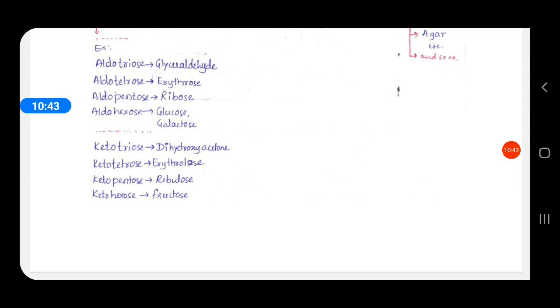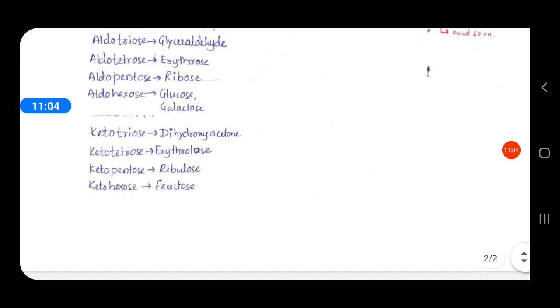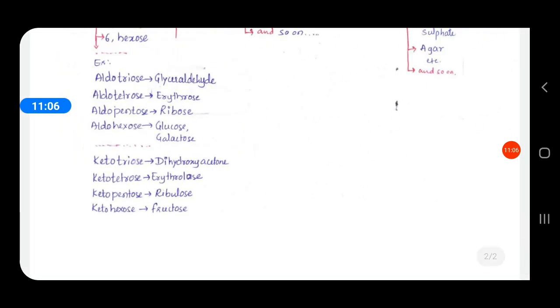Example dihydroxyacetone. Ketotetrose, example erythrulose. Ketopentose, example ribulose, xylulose. Ketohexoses, example fructose. So like that it is continued.